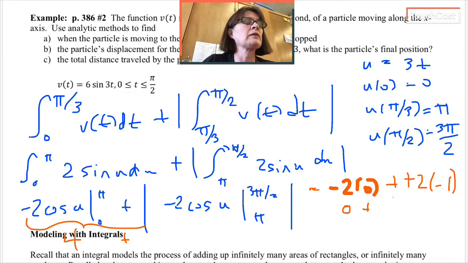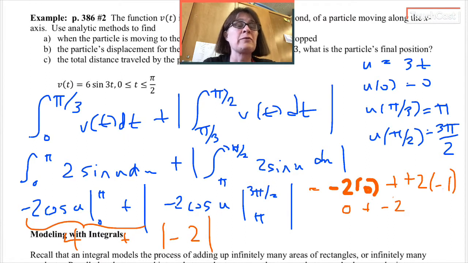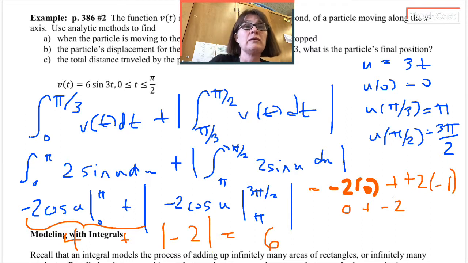So for that second part where the velocity is negative, I have an area between the velocity curve and the time axis that's negative 2. But I'm going to pretend for a second that it's positive. That's why I'm taking the absolute value of this part. So I'm going to have 4 plus the absolute value of negative 2. The total distance traveled by the particle is 6.